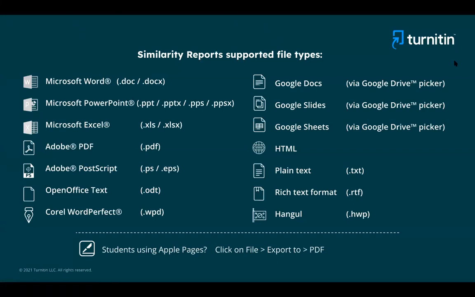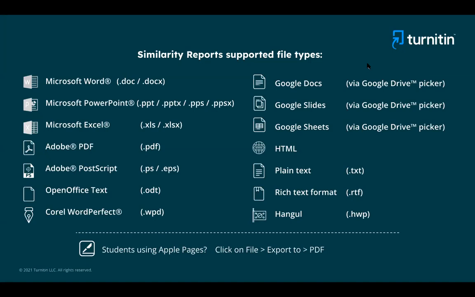Now, for you to be able to generate a similarity report, your file must be in these supported file types. As you can see, these are the standard paper file types for every manuscript or research. We have Microsoft Word, PowerPoint, Excel, Adobe PDF, Adobe PostScript, OpenOffice Text, Corel WordPerfect, slides and sheets.